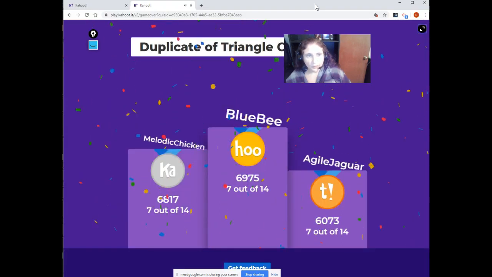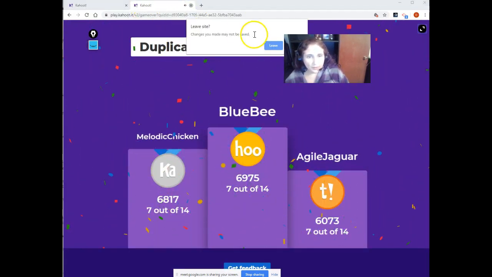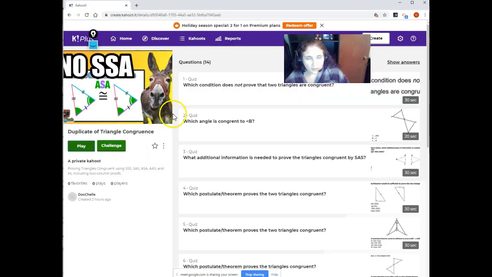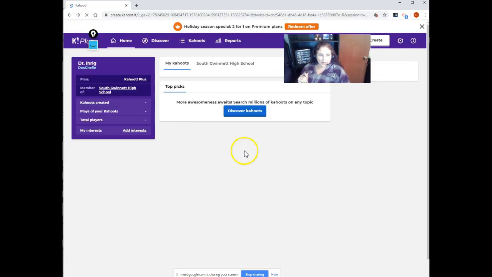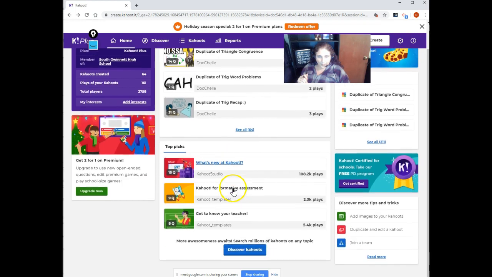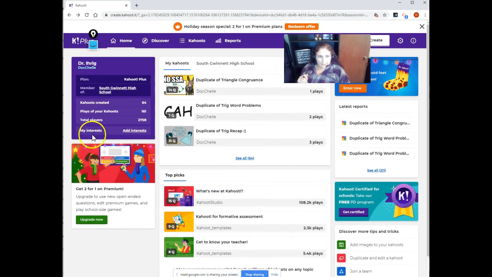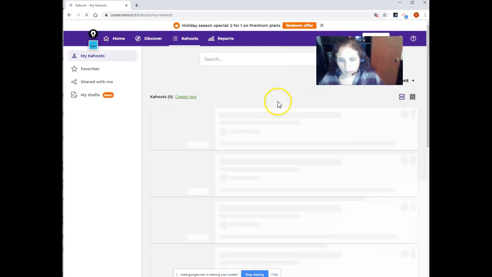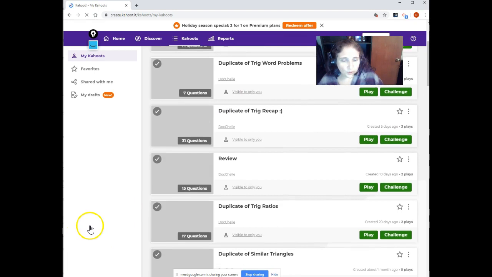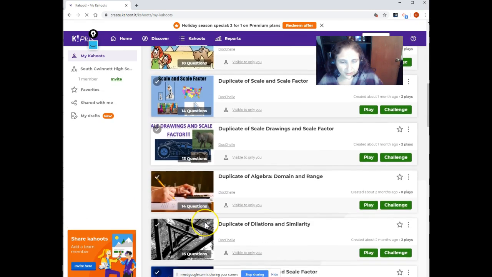Woo. Let's go. People said they wanted to do quadrilaterals. Let me see if I have a quadrilateral one I've already done that I like. Okay, would you rather do quadrilateral next or trig?